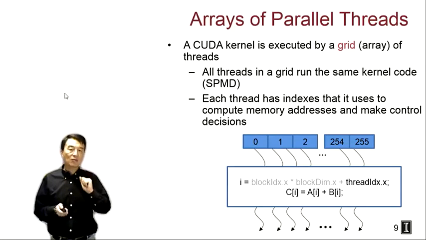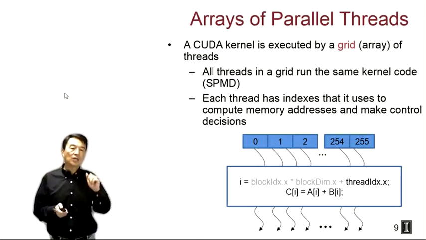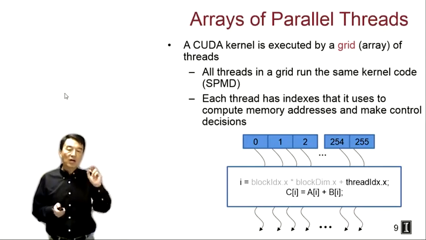All the threads run the same code as we described before, but every thread will have a different thread index value that it will use to compute memory addresses and make control decisions. In this example, there are 256 threads in the thread block, and each of them will have a unique thread index from 0 to 255.